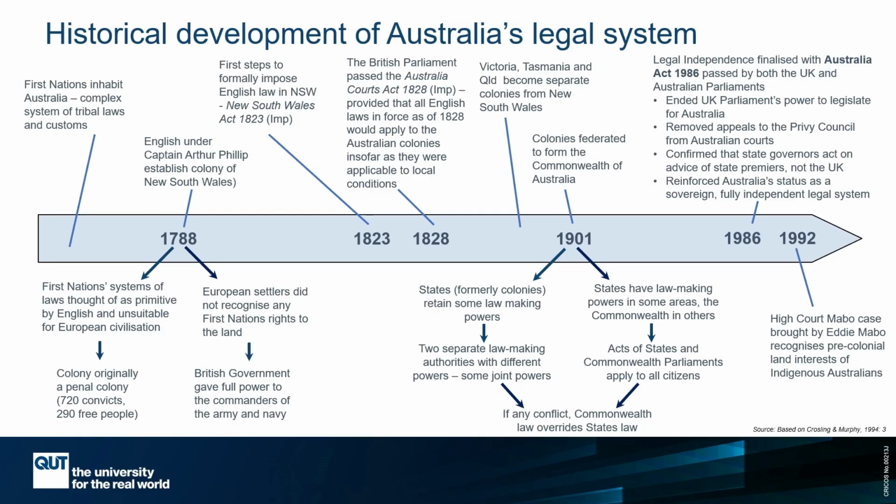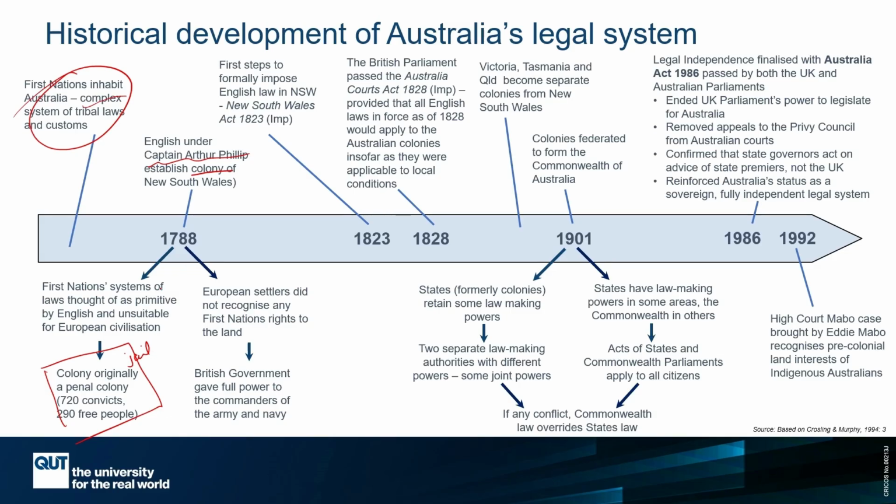Okay, so if we go back in history, we have First Nations in Australia with a complex system of tribal laws and customs. Then the British send out Arthur Phillip and establish a colony of New South Wales. So two things occur. One, I think we need to recognise that this is a penal colony. This is a large jail. That's what's established here.